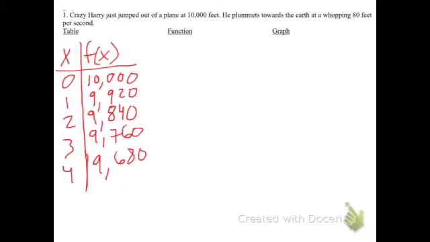Well, use this to write a function. Okay, when you're writing this down, think of, okay, where's it starting? What's the altitude, or whatever the variable is, at time 0? Well, at time 0, that's 10,000. And then what's happening to that 10,000 as your independent variable continues, as time progresses?